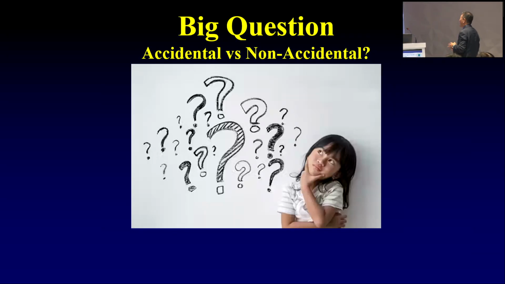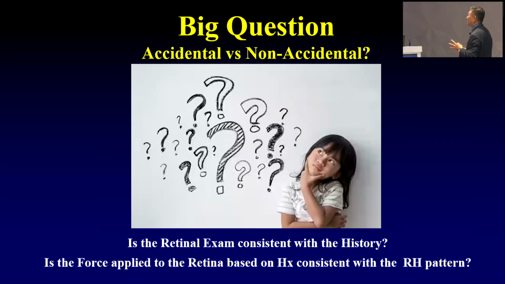And then the big question is, how do you know if something was accidental or intentional? This is very, very difficult, because you could actually rephrase this and ask, is the retinal exam consistent with the history? Is the force applied to the retina based on history consistent with what you see in front of you?